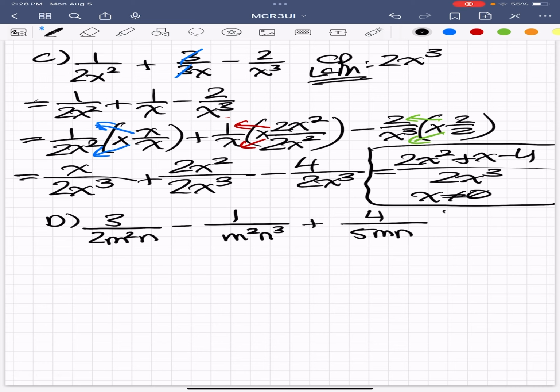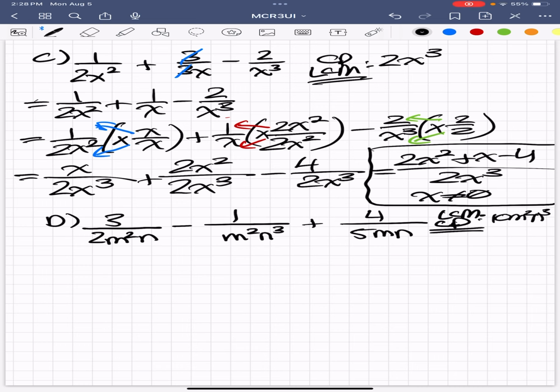So, we have our lowest common multiple, our common denominator. And I believe it is 10 m squared n cubed.